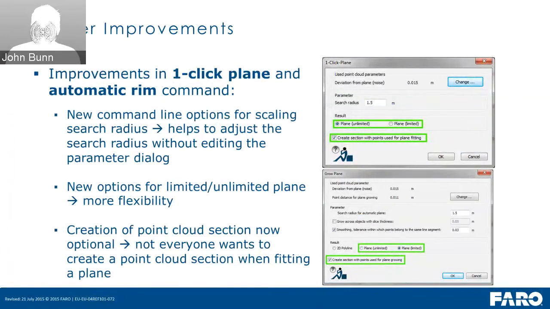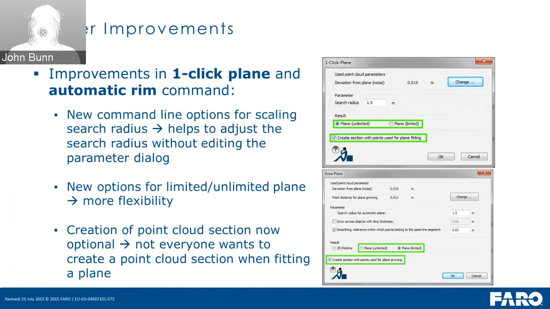Some other improvements that we've added: we have a one-click plane option and an automatic rim option, both within that modeling plane section. But they've received some very nice features that make them more understandable and easier to use. One of the ones that I really like is on the command line, you have an increase and a decrease option.